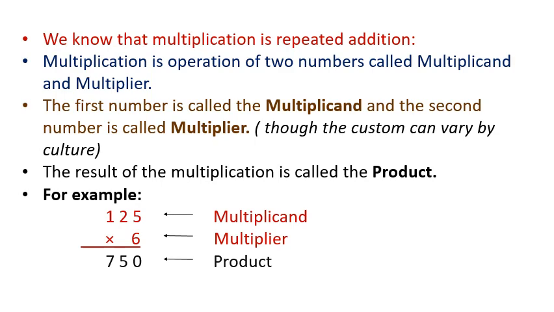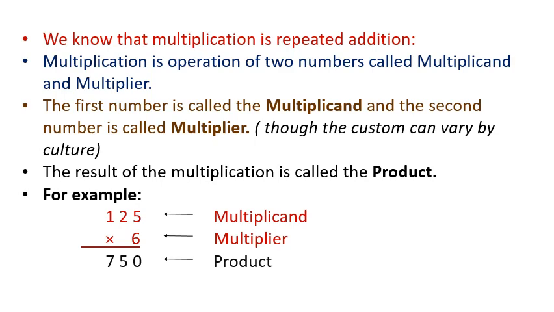It means many places they called first number as a multiplier and second number as a multiplicand. But basically it does not make any difference to the answer. Now the result of the multiplication means the answer of the multiplication is called the product.